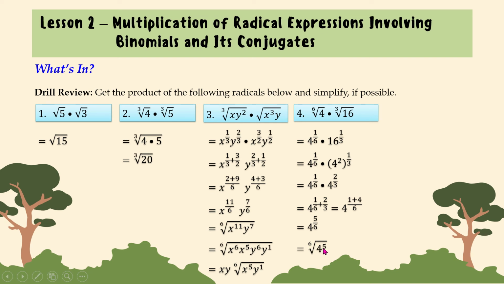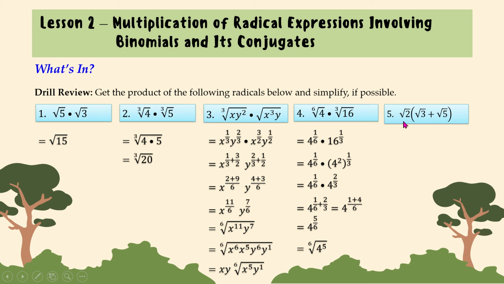Instead, we get the exact value of 4 raised to exponent 5, and that is 4 times 4 times 4 times 4 times 4. That is the final answer. If you answer in this way, it is fine, but you should get the exact value of 4 raised to exponent 5. Okay?